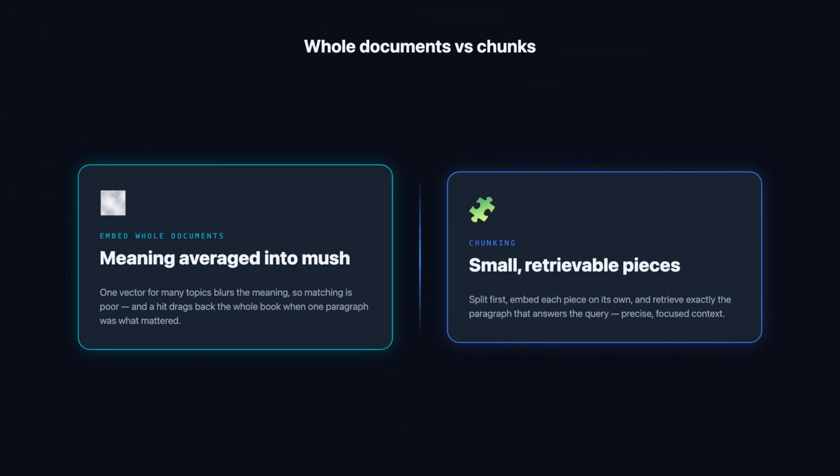Chunking splits the document into smaller, coherent pieces first, then embeds each one on its own. Now every piece has a focused meaning, so retrieval can pull back exactly the paragraph that answers the question and nothing more. You search and retrieve at the right level of detail.